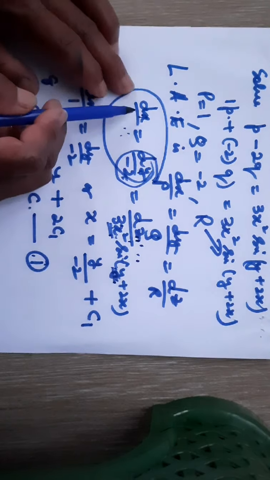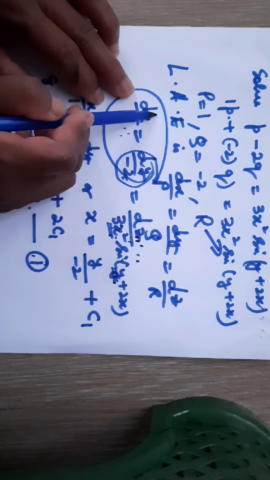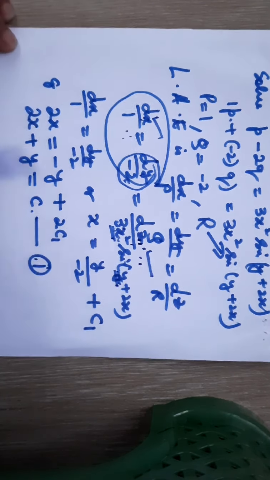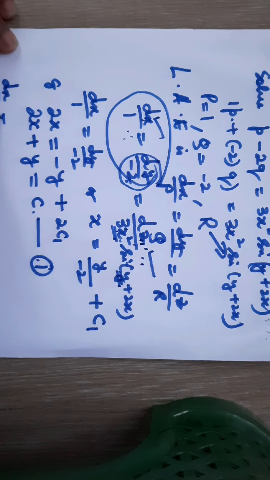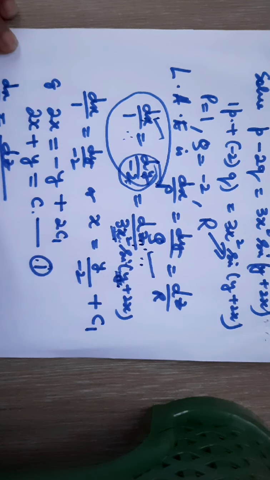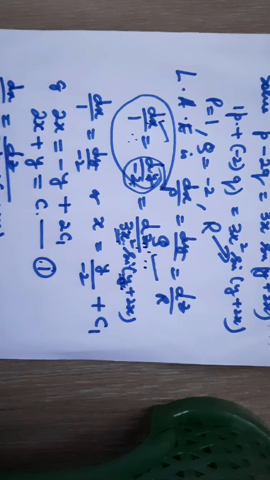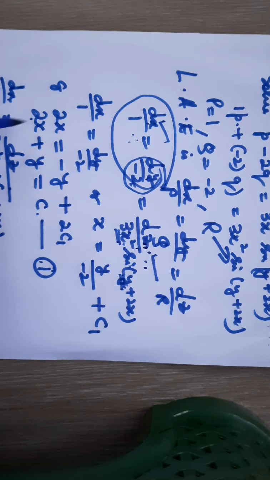So what you need to do now is consider the first and the last fraction. So it will be dx by 1 equals dz by 3x squared sin(y plus 2x). If you consider the first and the last one, we notice that the y variable is present there. So replace this y plus 2x by c.